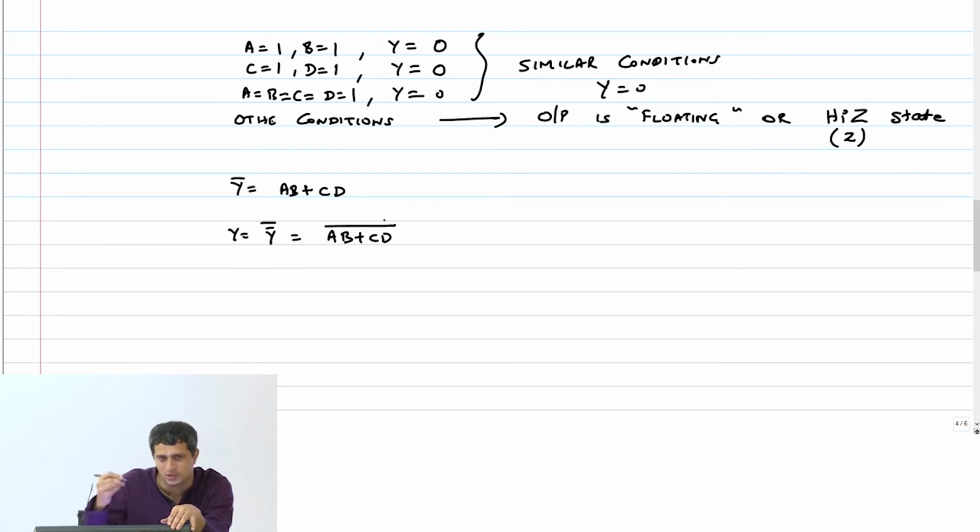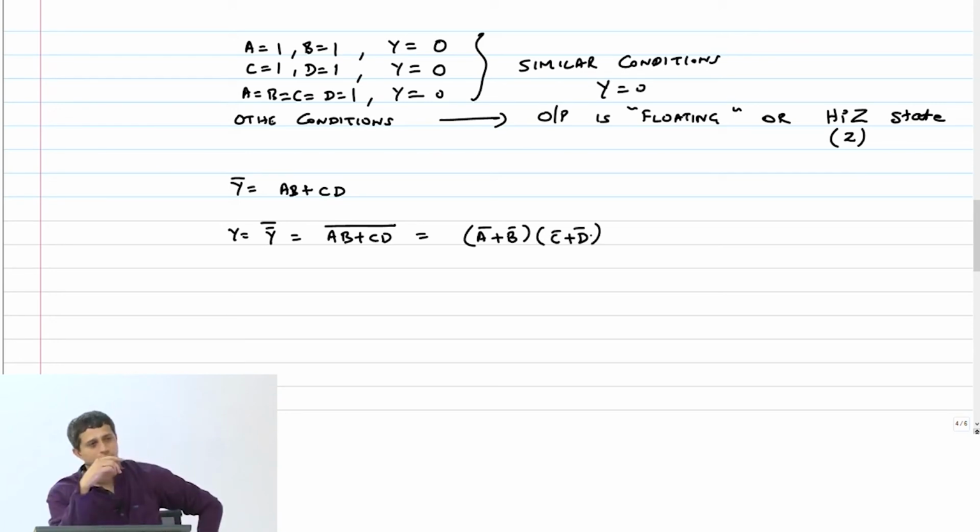I'll tell you how to do this in a simpler way in a minute. I'm just showing you formally what has to be done. Now this can be written like this. Use De Morgan's laws. Make all the ands, ors, all the ors, ands, and pull the complements inside, right? So it will become A bar plus B bar into C bar plus D bar. Right?